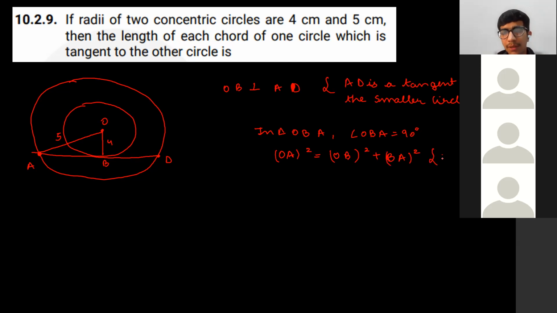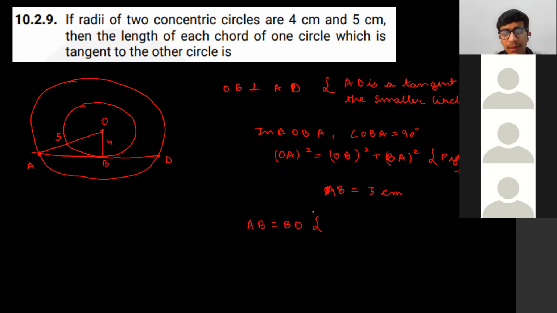And for this statement, you'll write that this is by Pythagoras theorem. You'll do the calculation and you'll get AB as 3 centimeters.